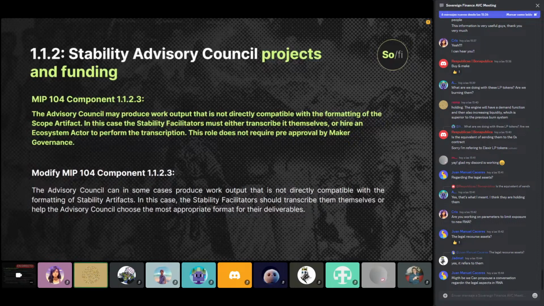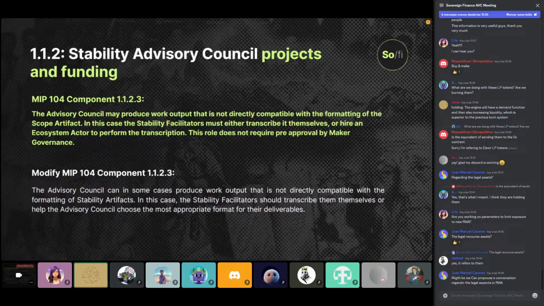The first one is component 1.1.2.3, which speaks about the case where an ecosystem actor does not provide their contributions in a form which can be directly incorporated in the language of the scope.